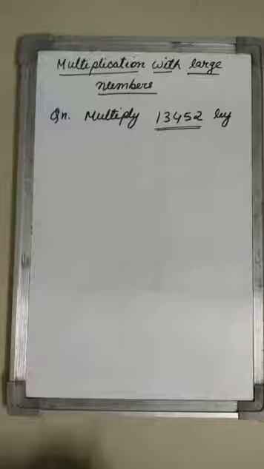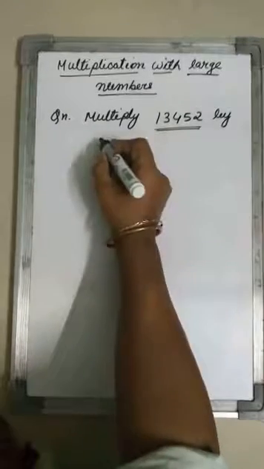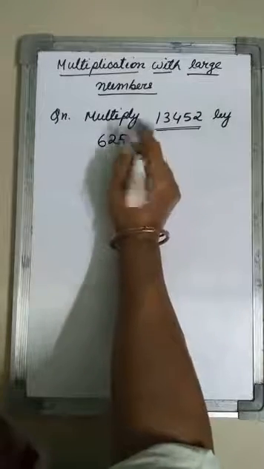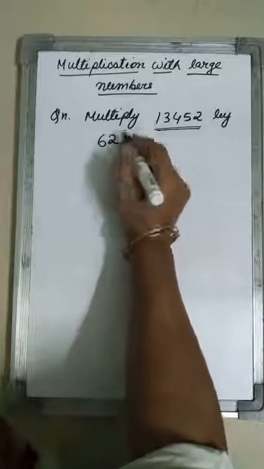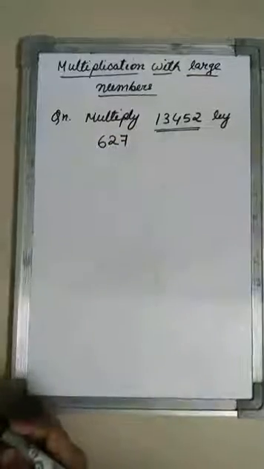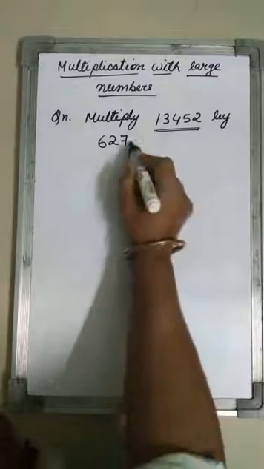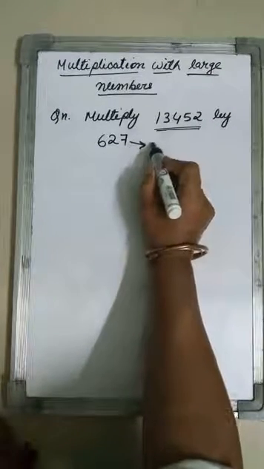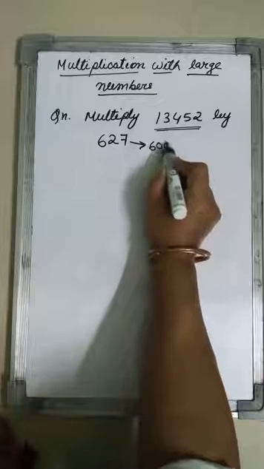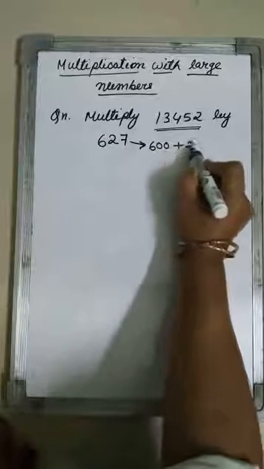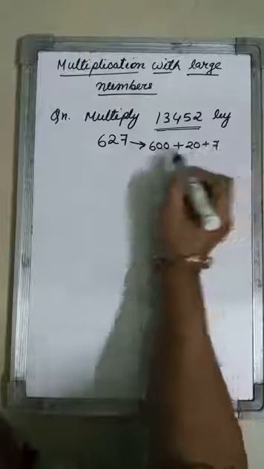Now multiplication by some bigger numbers. It is given: multiply 13452 by 627. For that, 627, if I write in expanded form, you remember, 600 plus 20 plus 7.